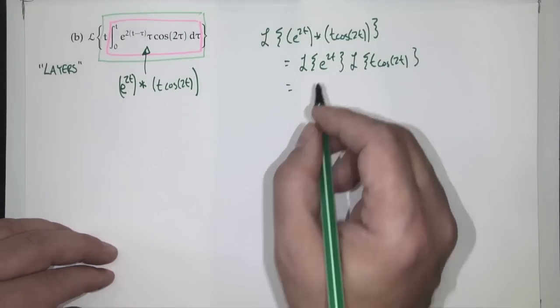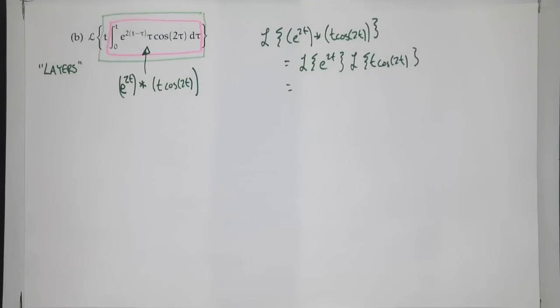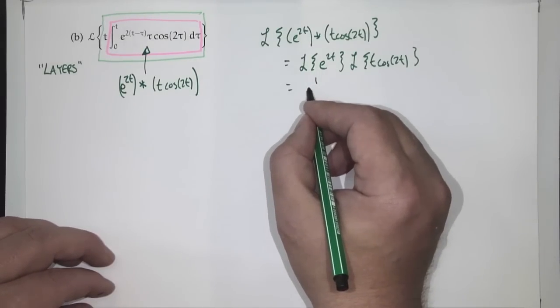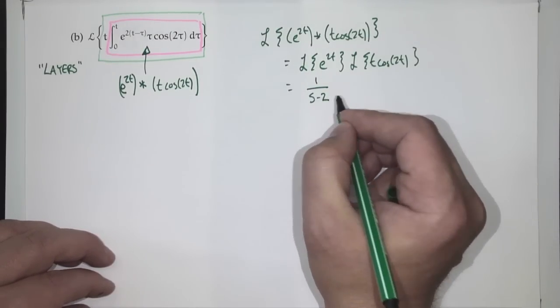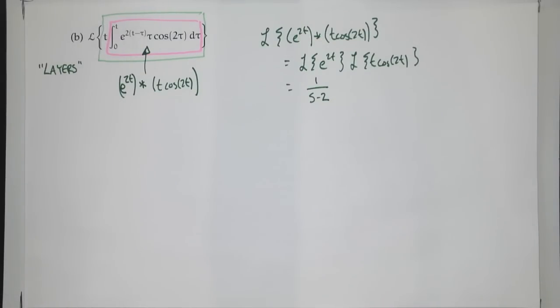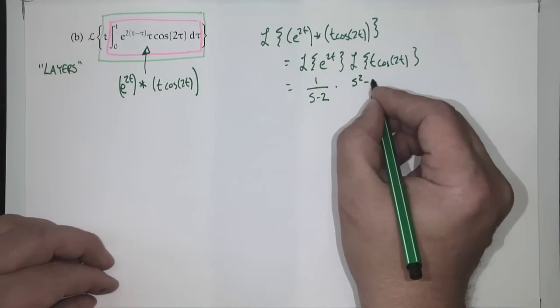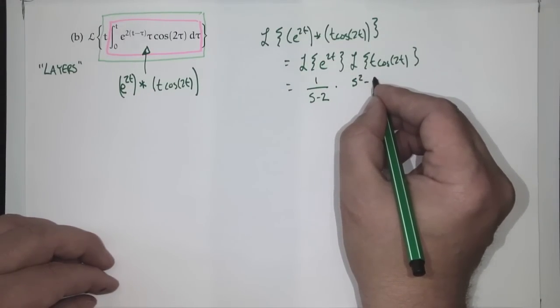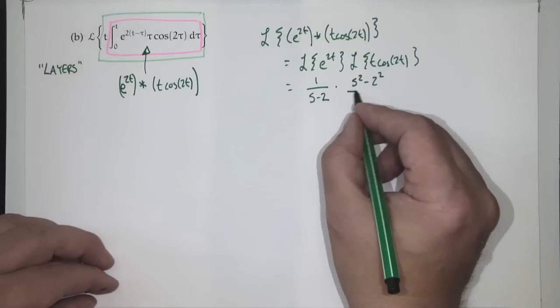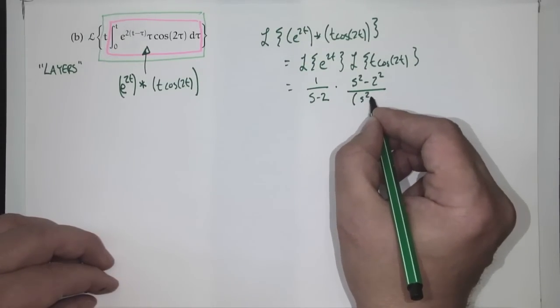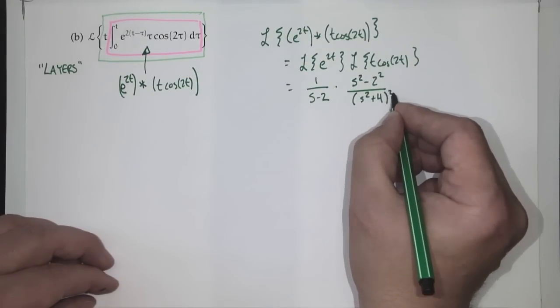And both of these are on our sheet. So the Laplace transform of e to the 2t is 1 over s minus 2. The Laplace transform of t cosine 2t, we actually used that in part A. That's going to be s squared minus 2 squared, divided by s squared plus 4 squared.